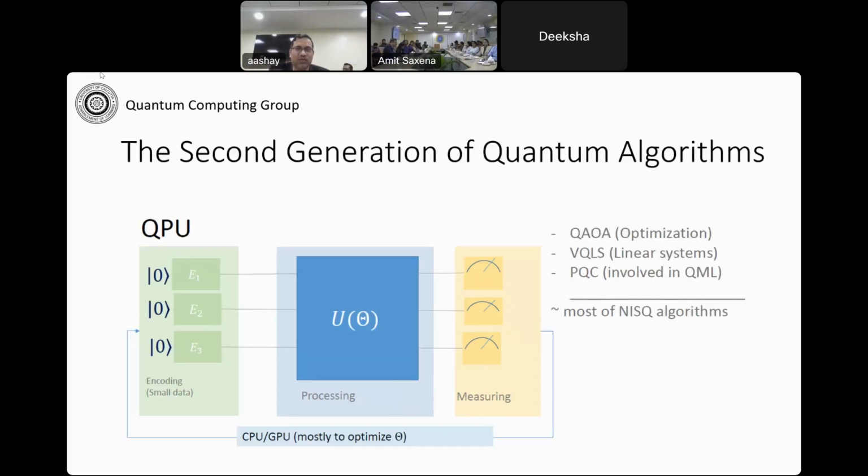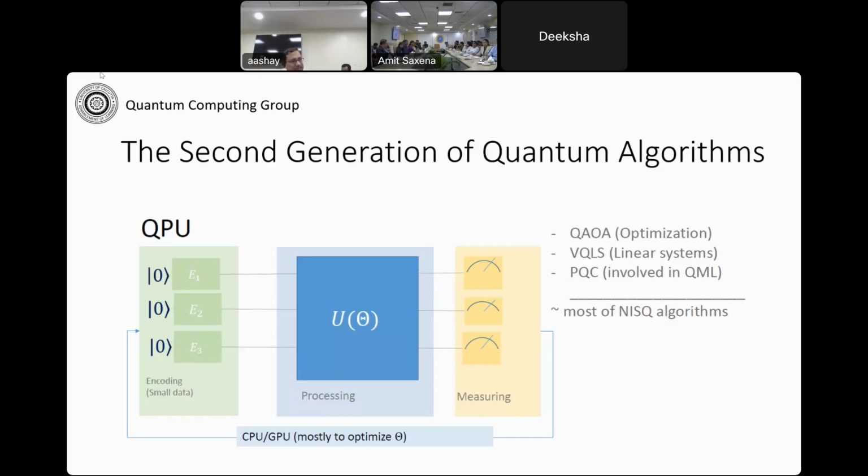Okay, but now the second generation of quantum algorithms are parameterized quantum circuits. Okay, where we actually focus more on the varying part of the distribution. Okay, because we are learning something. Those were not learning circuits.